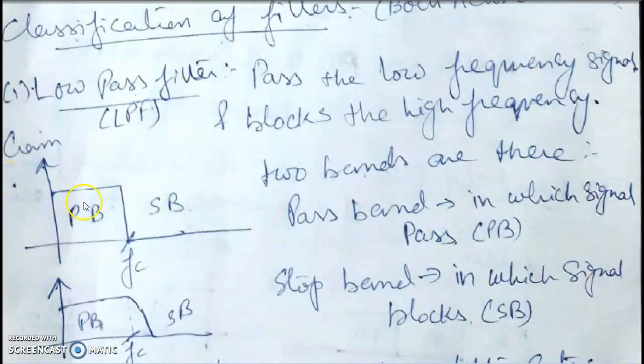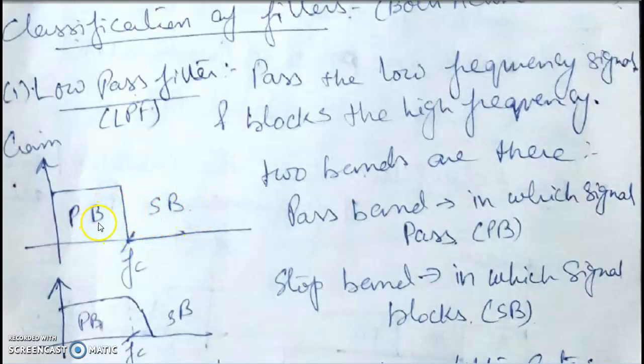When we plot the gain versus frequency, where voltage gain means the ratio of output voltage to input voltage, for low frequency signals the signal given at the input is transferred to the output. That means the V0 upon Vi ratio is equal to 1. So it will pass the signal for low frequencies and stop it for high frequencies.